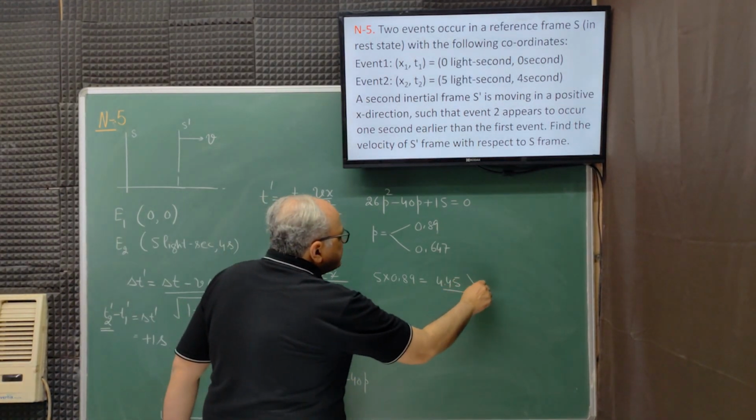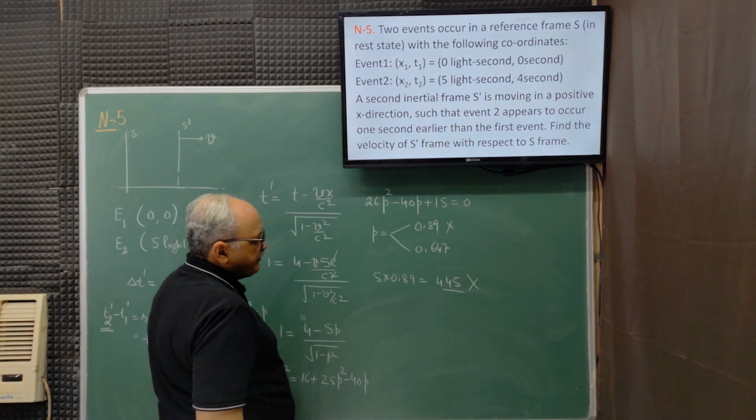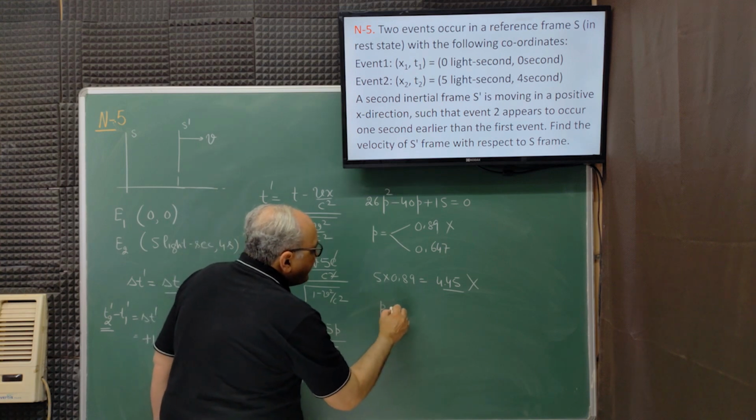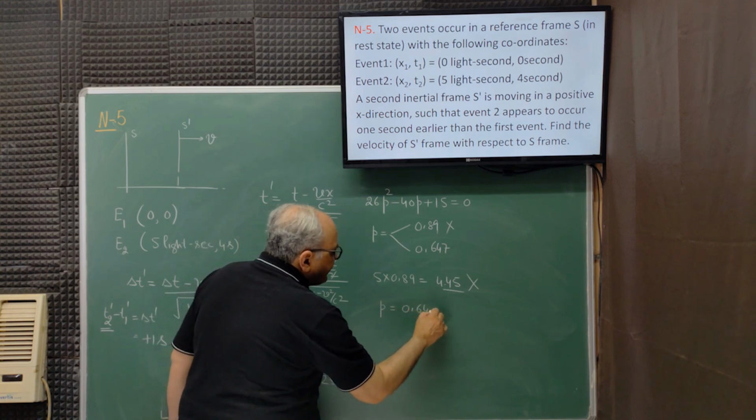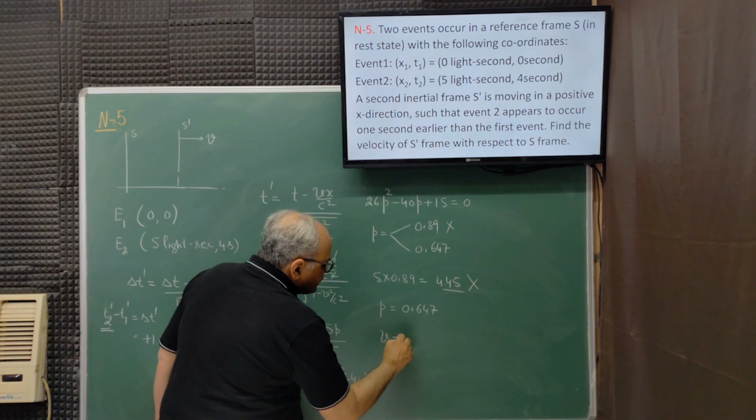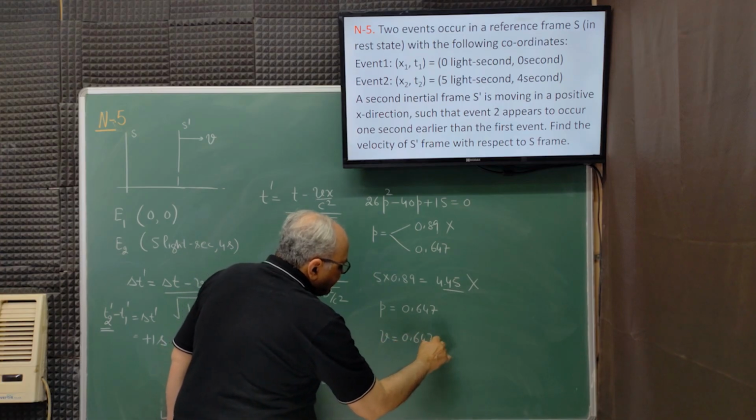So I rule out this option. So we have the correct value of p as 0.647.